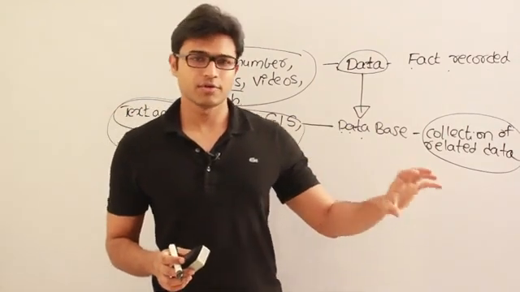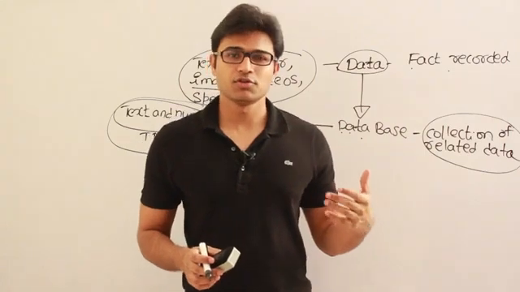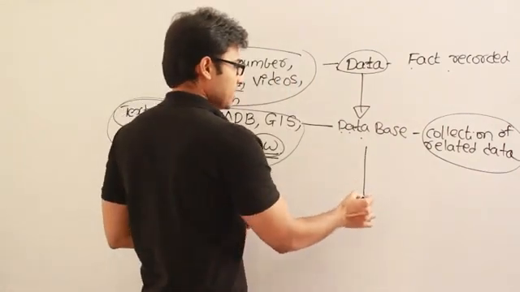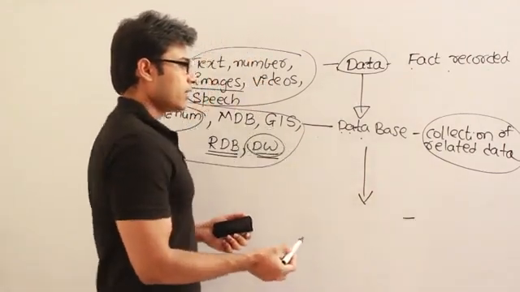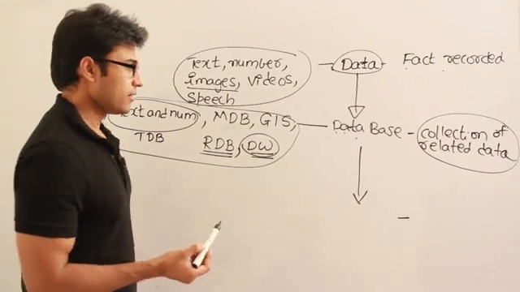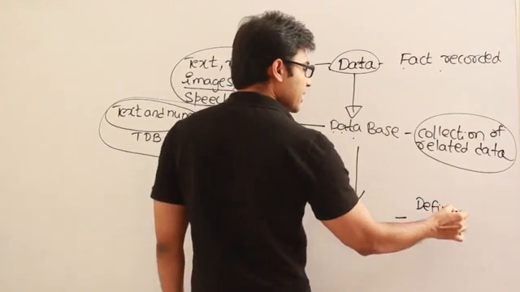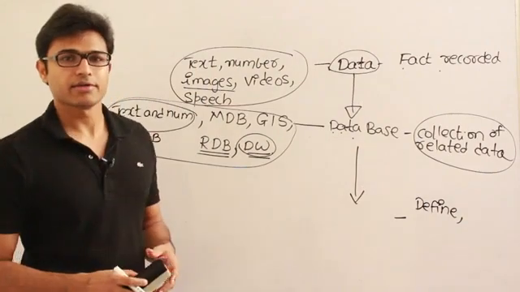Now whenever you have a computer and data present on it, there should be some programs defined, isn't it? Those programs should typically be able to do this. You have to define the data types and structures, where data type means integer, character, string, like that.